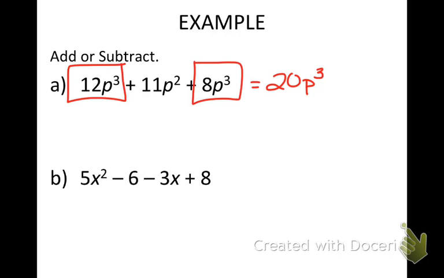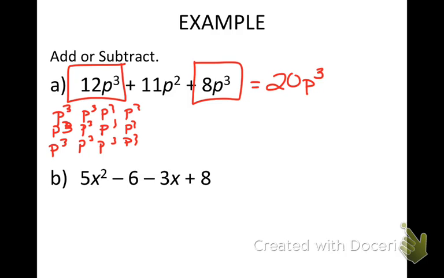Because what's really happening, don't write this, just watch. If I made 12 p to the thirds, and then I added 8 more to them, they still stay p to the thirds. So it's 20p to the thirds if I drew them all out.